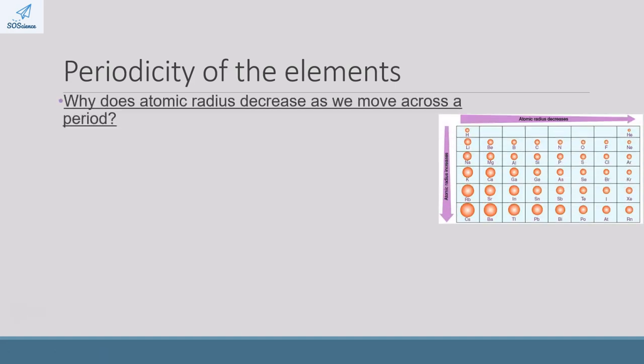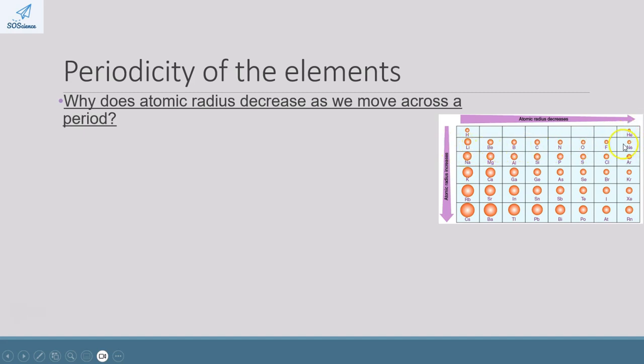Why does atomic radius decrease as we move across a period? That's a little bit harder to understand because we know that lithium has 3 protons and neon has 10 protons. Lithium has 3 electrons when it is neutral, and neon has 10 electrons.